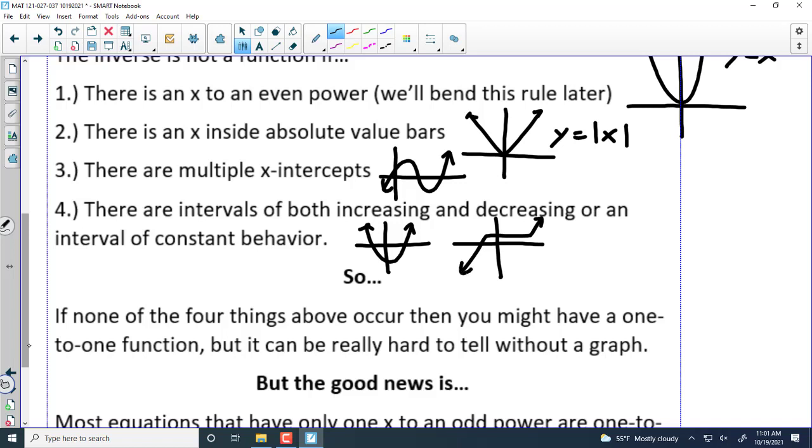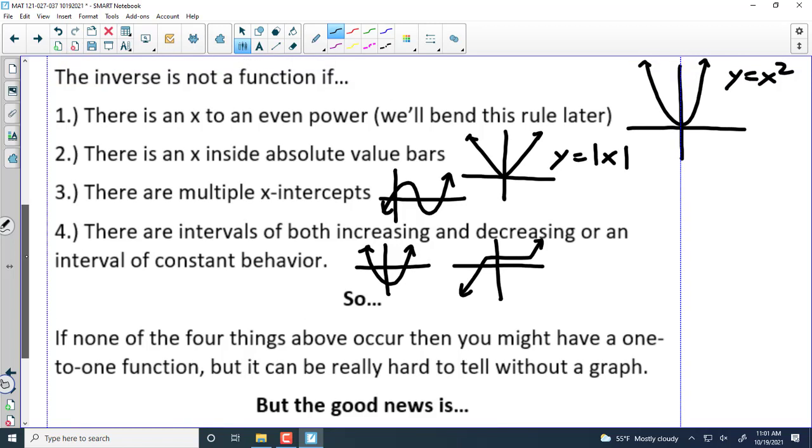All of those things tell you that the inverse is not going to be a function. These tell you the inverse is not a function, not the original. I'm not suddenly saying these things are not functions anymore. What I'm saying is if you swap every x with every y, then you won't have a function anymore.